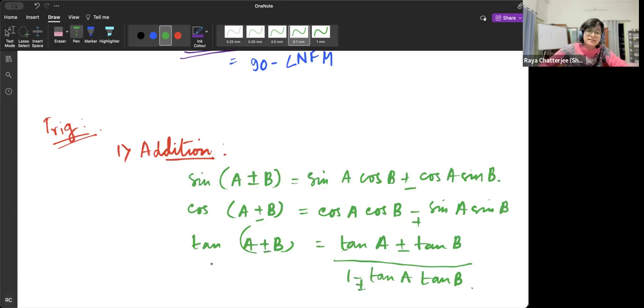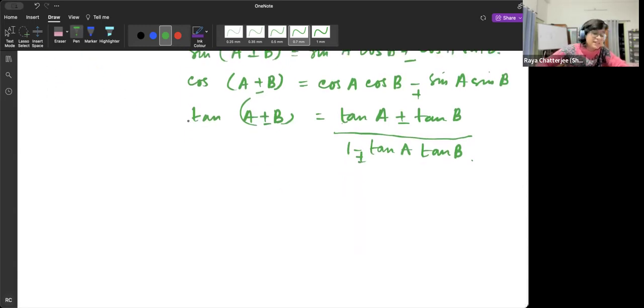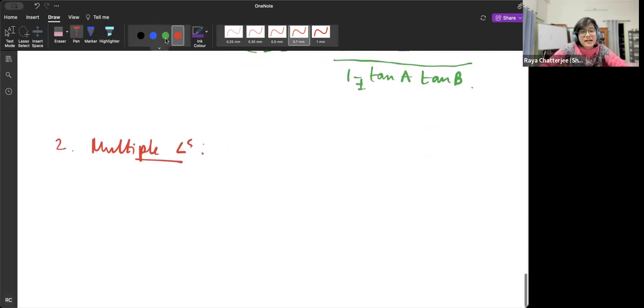Okay, so these are the addition formulae, and next come the multiple angles. So just sine 2 theta and sine 3 theta, that sort of stuff. While talking about multiple angles, there's one thing I want to tell you: I hate memorizing multiple angle identities and I tend to forget them, so just find them out using the addition formula whenever you need them.